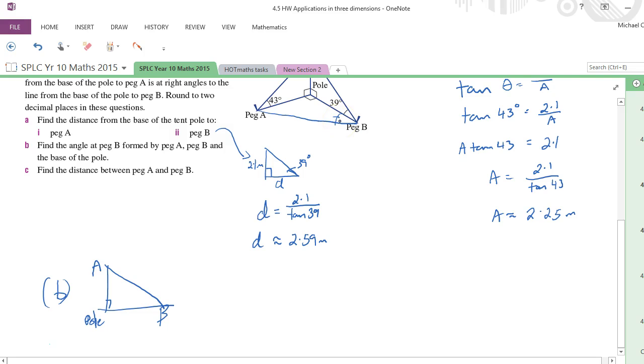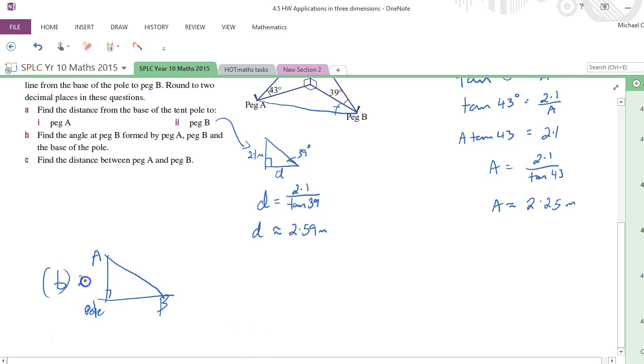Well, I just need to know the two side lengths. This is 2.25 meters. This is 2.59 meters. I want to know the angle there. Opposite and adjacent, so we need tan again. The tan of the angle, the opposite side is 2.25 and the adjacent side is 2.59. Theta will be the arctan, the opposite of tan.